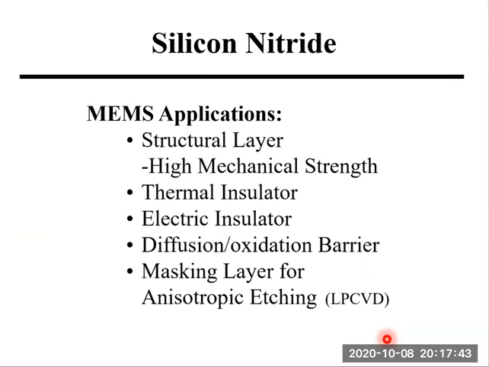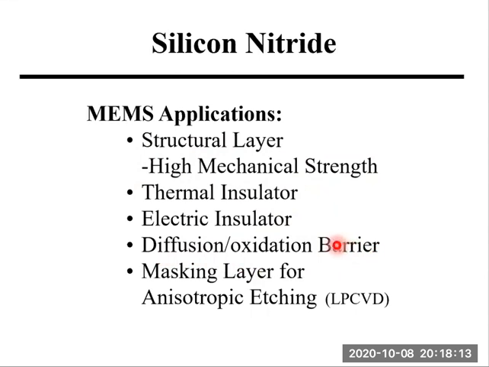Silicon nitride, well, this is another widely used thin film in surface micromachining. In MEMS, silicon nitride can be used as a structural layer due to its high mechanical strength. It can also serve as a thermal insulator, electrical insulator, diffusion and oxidation barrier.